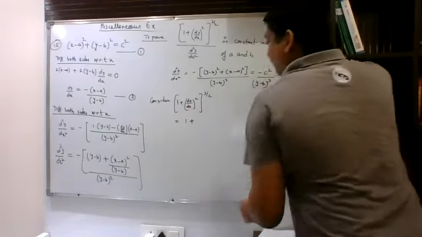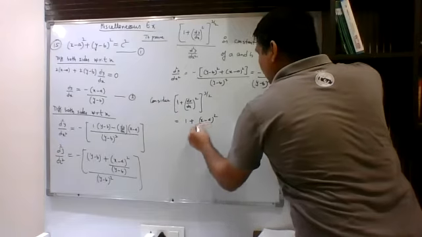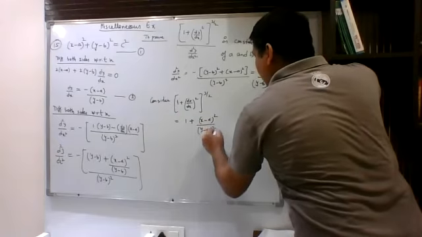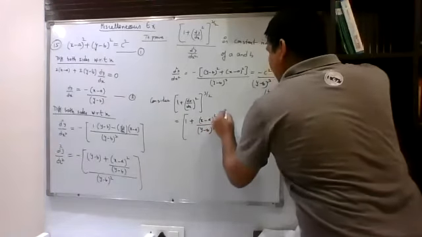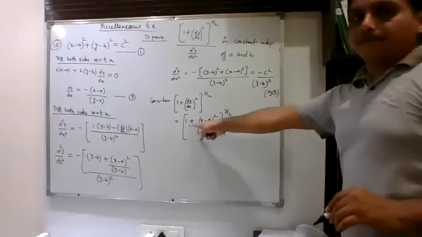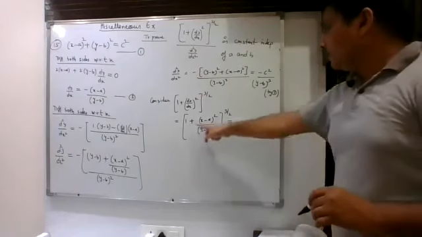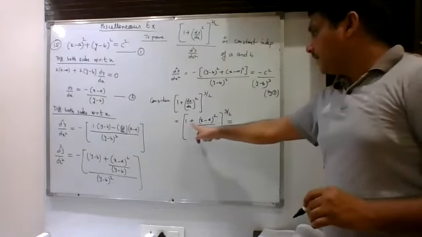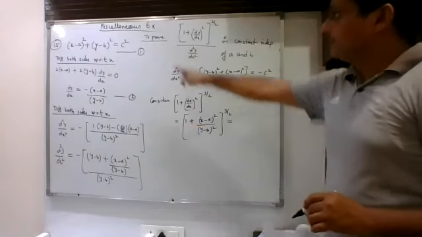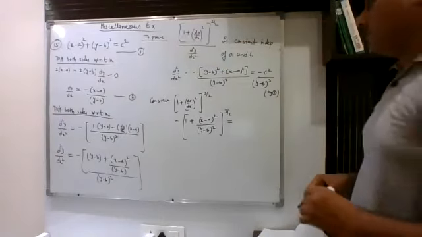So it will be 1 plus, putting the value of dy upon dx, (x minus a) whole square upon (y minus b) whole square, whole to the power of 3 by 2. Now here again, when you take LCM and use that equation number 1, it will become (y minus b) whole square plus (x minus a) whole square, which we can write as c square by using number 1.